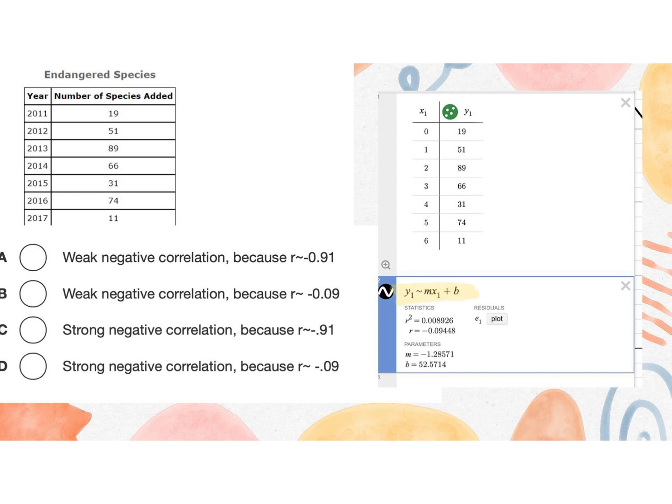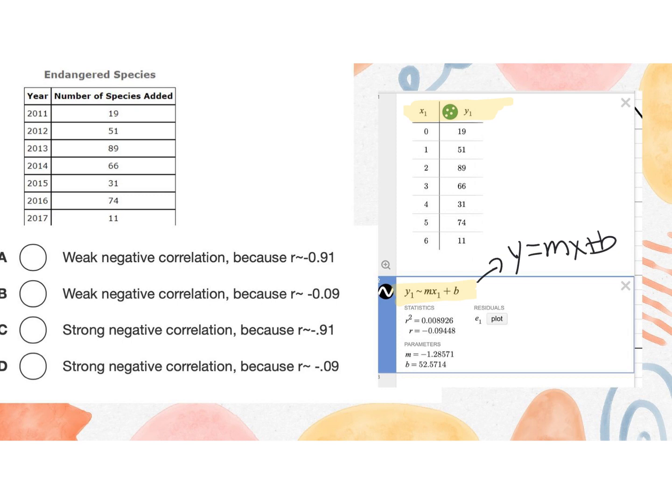And that is this equation here. So I typed in y sub 1, my tilde sign, and then my mx sub 1 plus b. Remember, the sub 1 is telling Desmos to pull all that information from this table here. And since I knew that this was a linear equation, notice it's very similar to the y equals mx plus b.